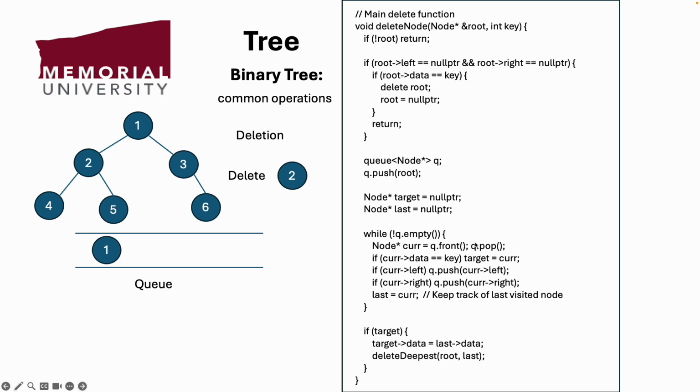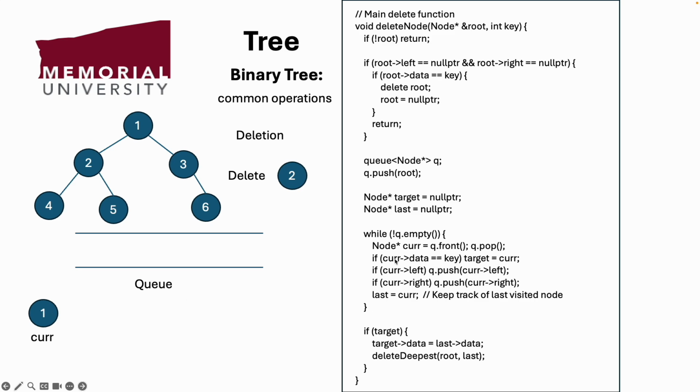Now in the while loop, once the root node is pushed into the queue, the queue is not empty. In this statement, actually it's 2 statements, but we put them into 1 line. We assign the current node to the front node of the queue, and then the queue pops. So current is pointing to node 1.